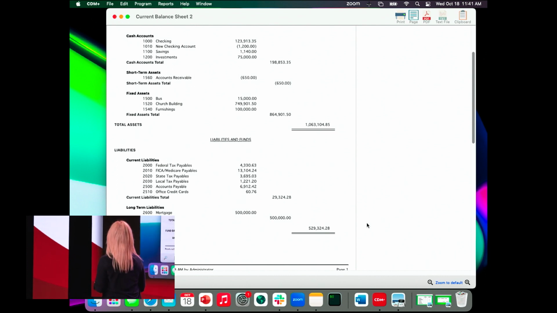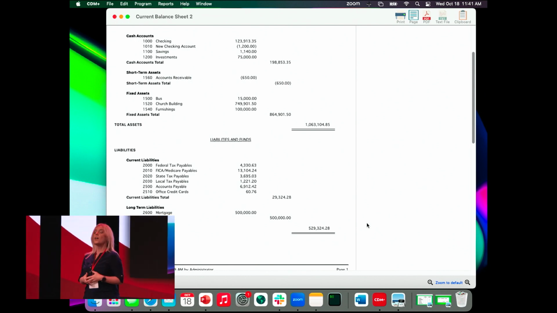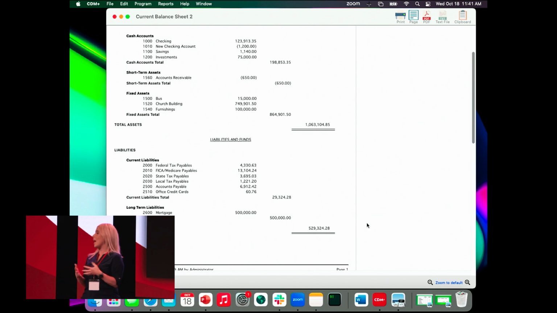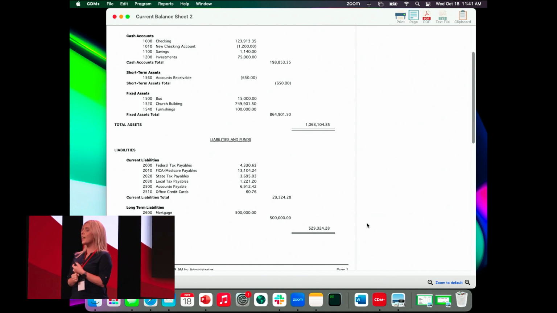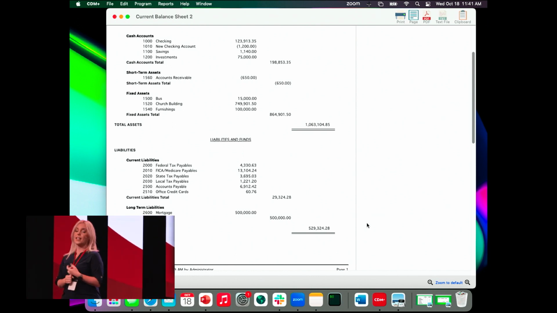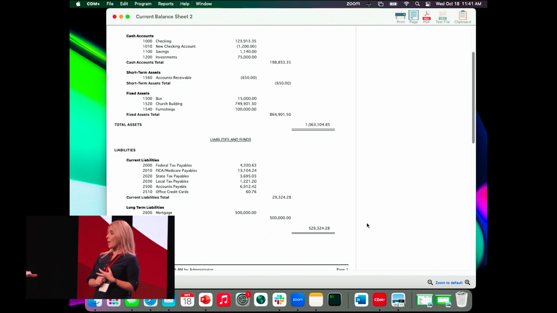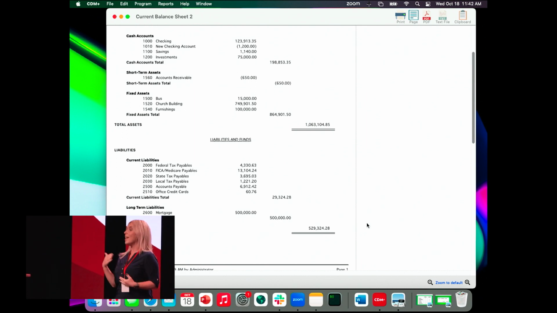Short-term assets, we'll talk about this a little more in depth after lunch. It's going to be like accounts receivable. We've had several people ask about this: we rent out our campground and they need to pay bills. Or I have some pastors or churches that have borrowed money, like a loan from the office, and I need to make sure they're making their payments.